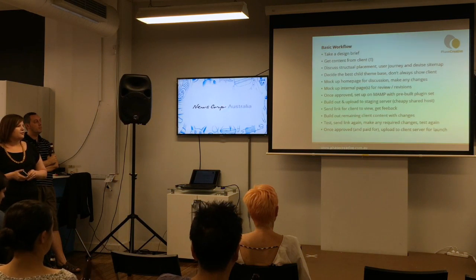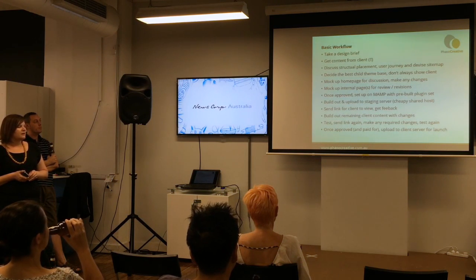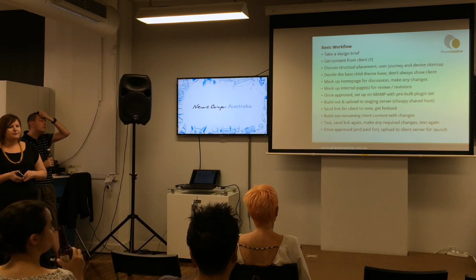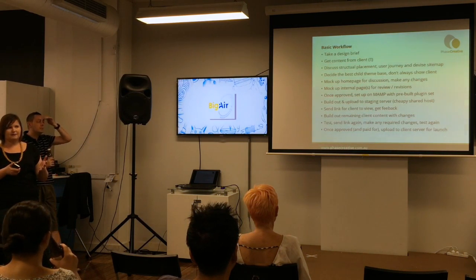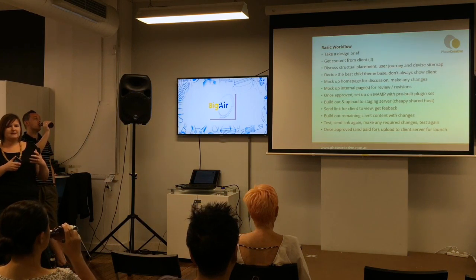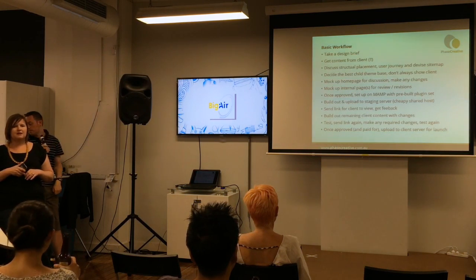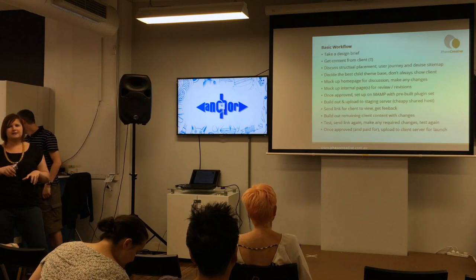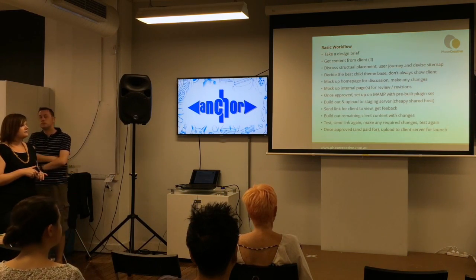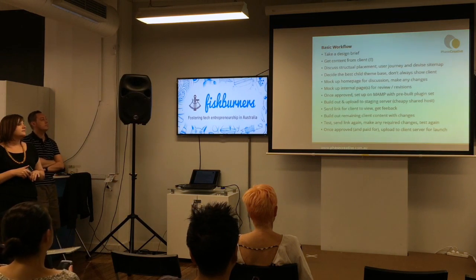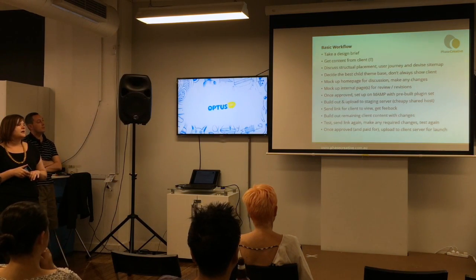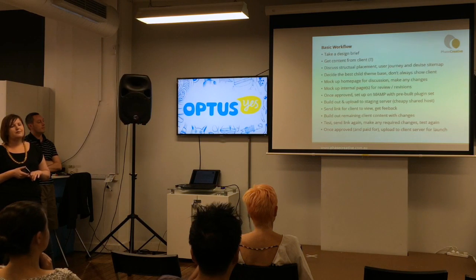Eventually, we get to a point where we can test it. Using a framework again, and a child theme that's already partially there, means that a lot of the testing has already been done. So it's only the new things that you're introducing that you have to test most of the time. And then once it's approved and paid for, I'll put it up on their site.